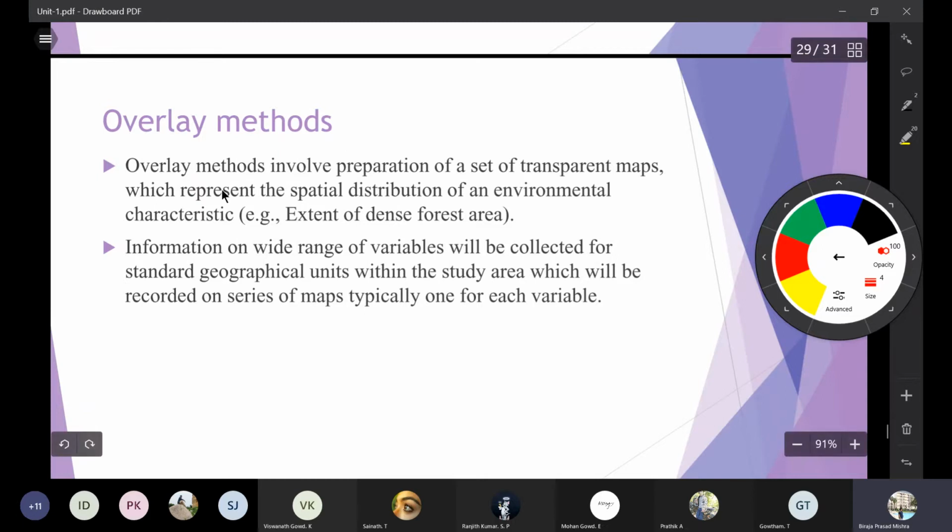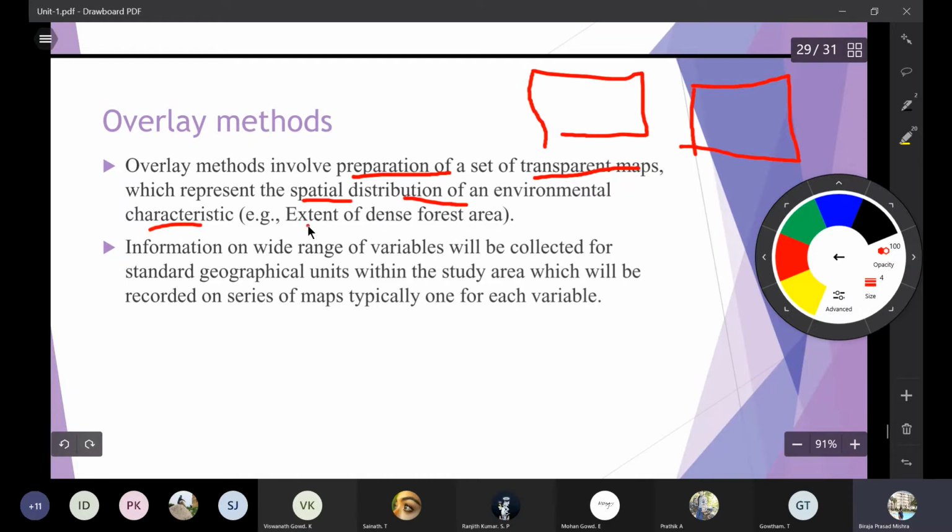Okay, so the overlay method, as the name suggests, involves a preparation of a set of transparent maps. Okay, so a set of transparent maps will be made in which the spatial distribution of environmental characteristics like extent of dense forest area and all that are being mentioned. Okay, so let's say we are taking some transparent sheets.